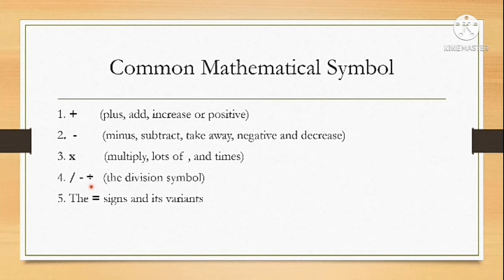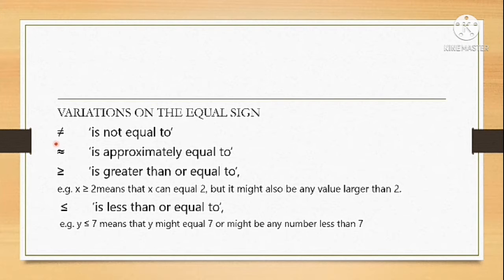These are the division symbol and the equal sign and its variants. This sign means is not equal to, is approximately equal to. This sign means is greater than or equal to. This sign means is less than or equal to.